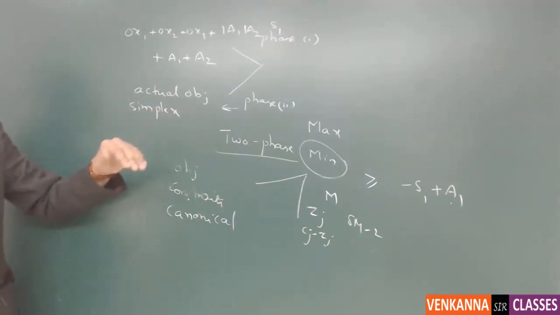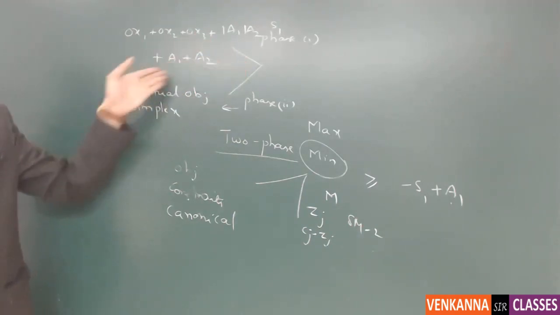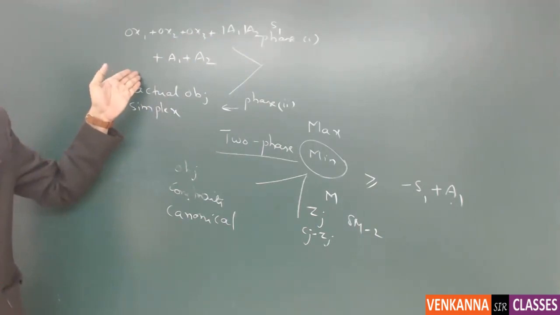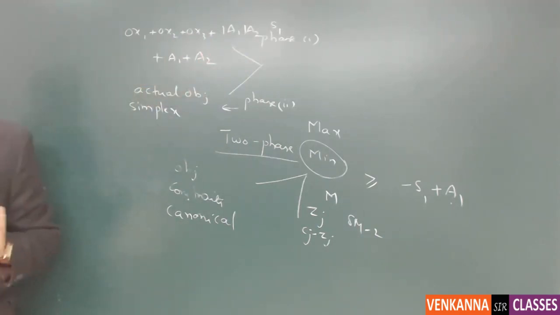If optimality is not reached at phase 1, immediately we say that the given LP problem has no optimal solution, so we terminate our procedure. This is the whole idea. Okay? Is this clear for everyone? What we are doing actually in the two-phase method? Any queries to anyone?